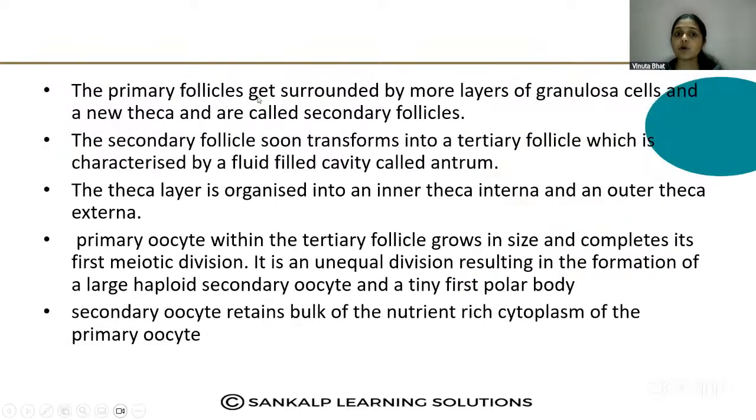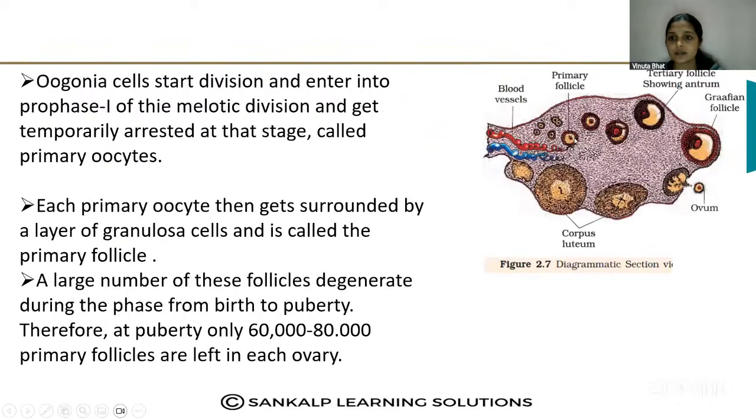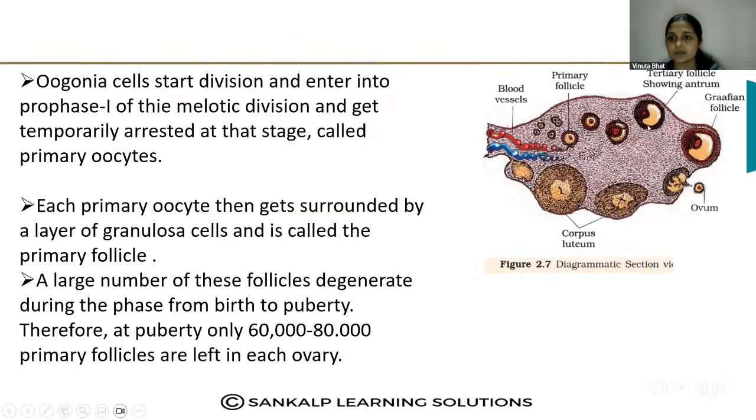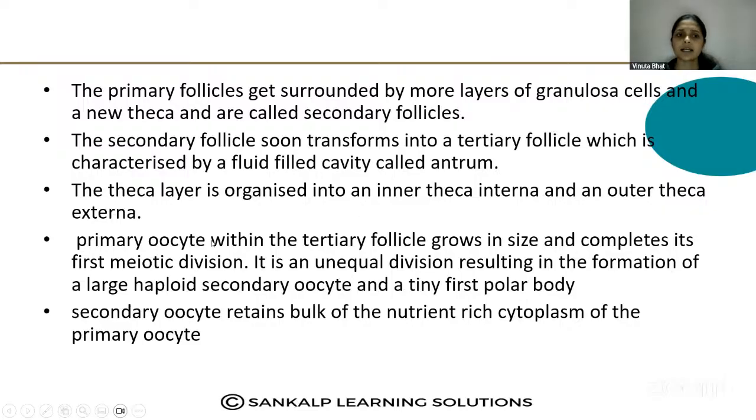Then the primary follicles get surrounded by more layers of cells, the granulosa cells, and are called the secondary follicles. Then they turn into the tertiary follicles. Here you can see the primary follicle and the secondary follicle, and the characteristic change in the tertiary follicle, which is a fluid-filled cavity called the antrum.